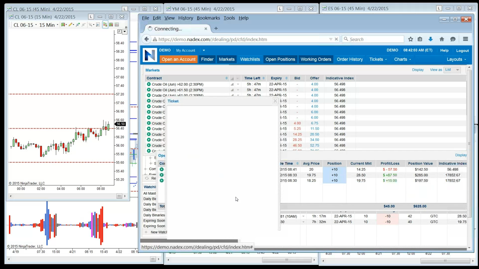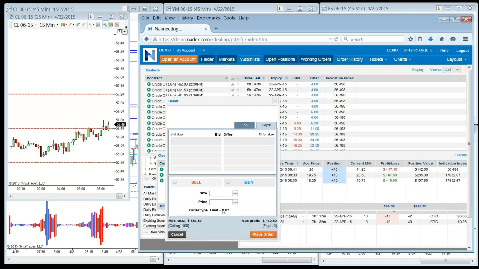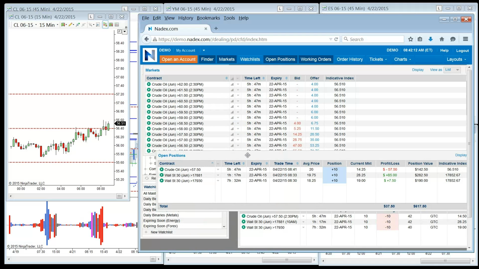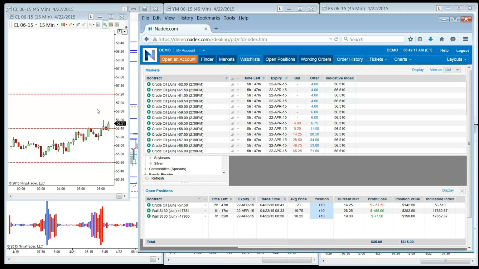Again, I'm just going to put in a profit target of 42. I can do that because remember, it doesn't have to get all the way there. Do y'all understand that? It's an important concept. I didn't go to 50, so I don't have to get all the way here.